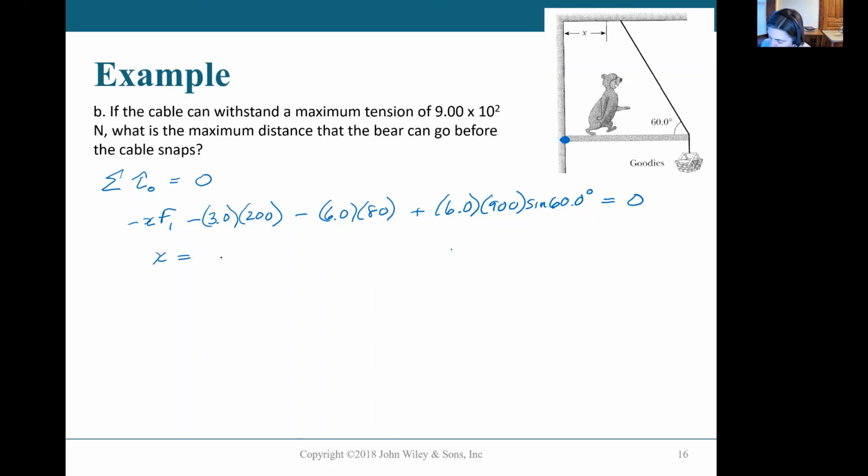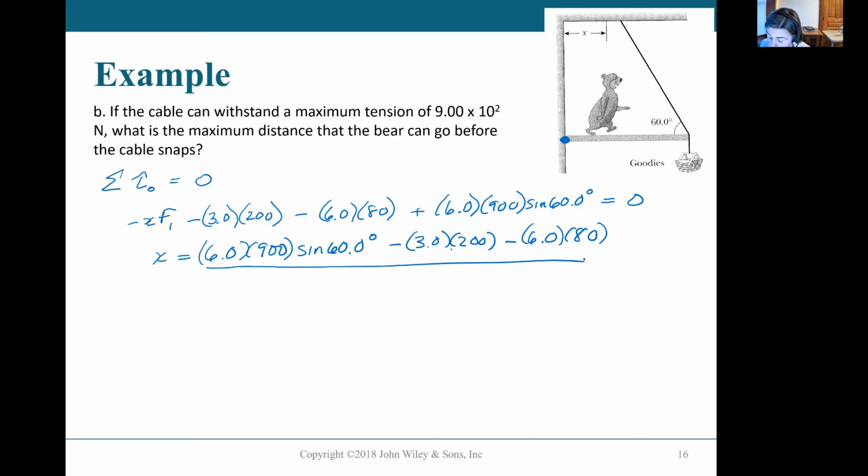Rearranging for x here, we get 6 times 900 times sine 60 minus 3 times 200 minus 6 times 80, and then we have to divide by F1, which was 700 newtons. And then we can throw this into a calculator, see what we get. And you should get 5.1 meters here. The bear does not get the goodies.